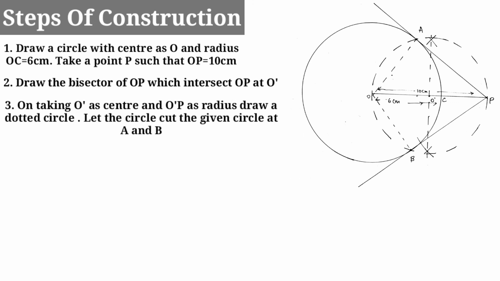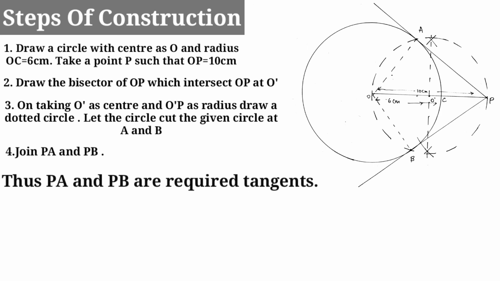Third, taking O dash as center and O dash P as radius, draw a dotted circle. Let this circle cut the given circle at A and B. Fourth step, join PA and PB. Thus, PA and PB are the required tangents.